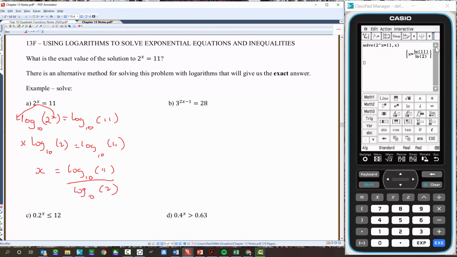All right, now I know that the calculator said it's log e 11 over log e 2, but again, it doesn't matter what base you choose, and I'm going to prove it to you by getting the approximation of log 10 11 over log 10 2.